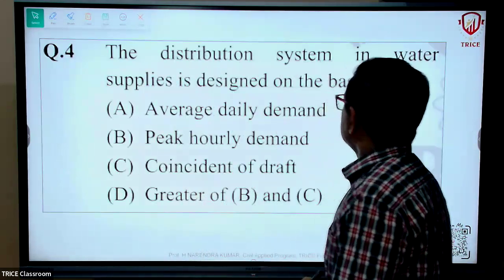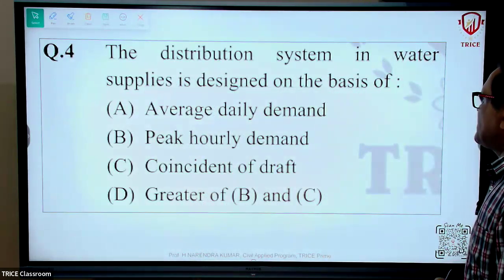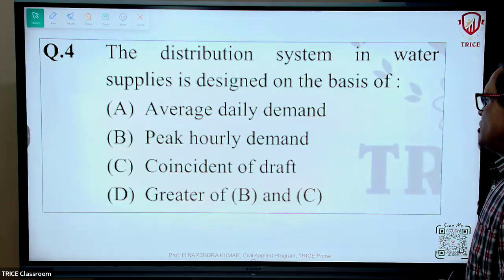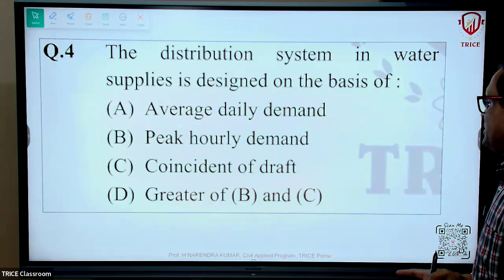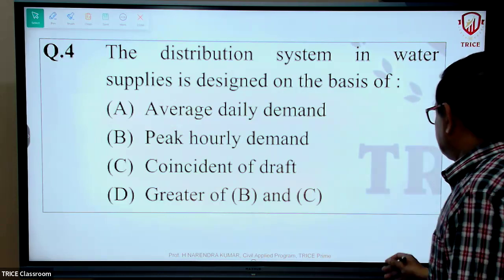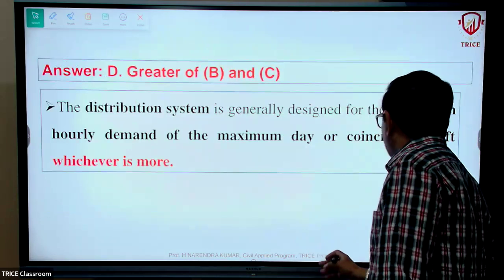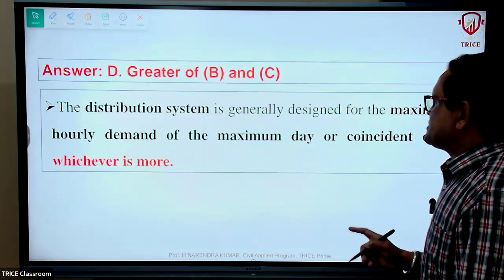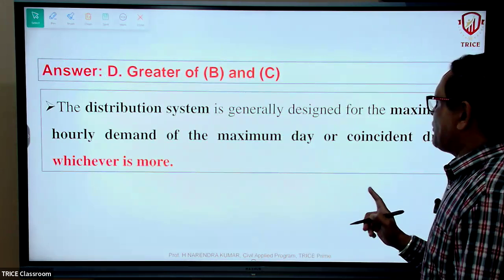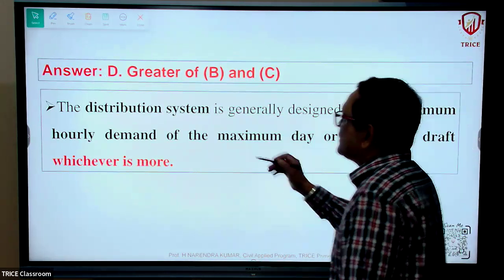Next one. The distribution system in water supply is designed on the basis of average daily demand, peak hourly demand, coincident draft, or the greater of B and C. There is a separate calculation for this. The distribution network system is generally designed for the maximum hourly demand of the maximum day.